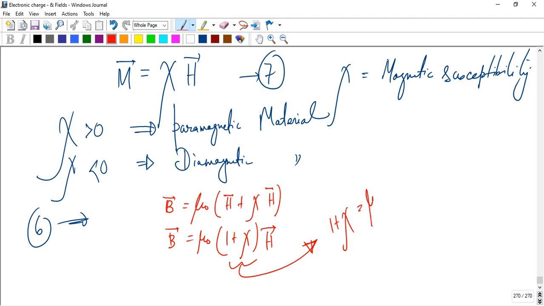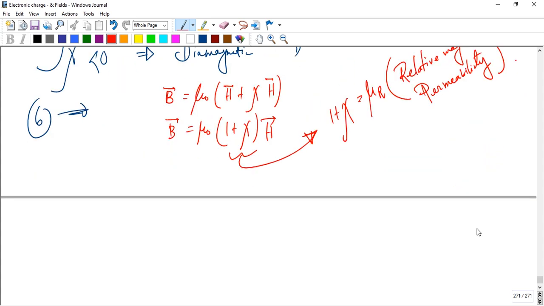It's called mu r, the relative magnetic permeability. Now B is equal to mu naught (1 plus chi), that is mu r, times H. So from mu naught and mu r we introduce another term, mu.